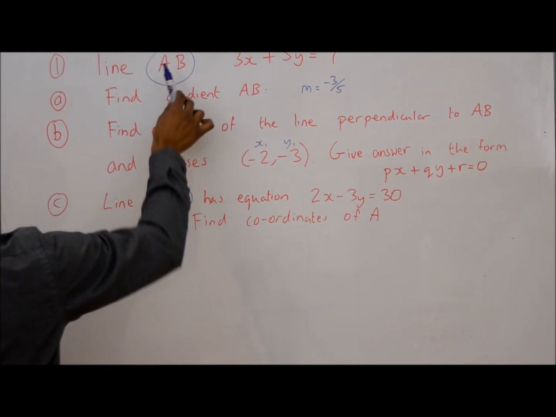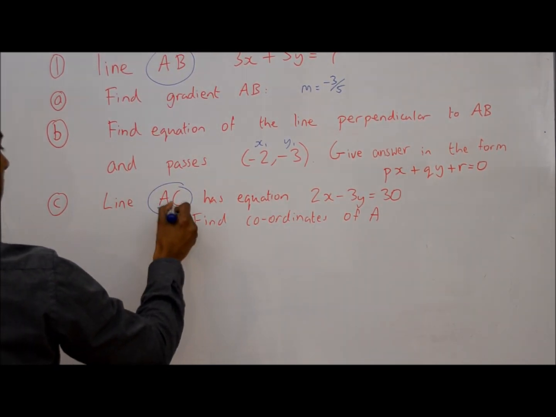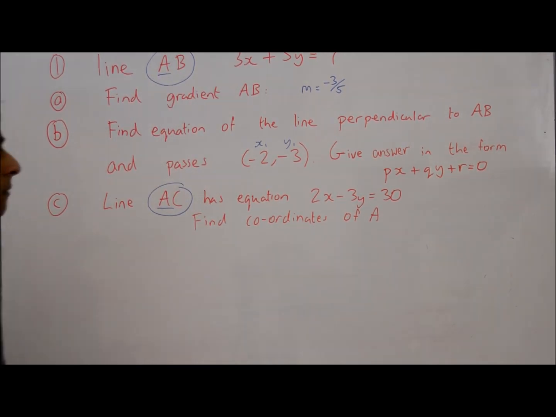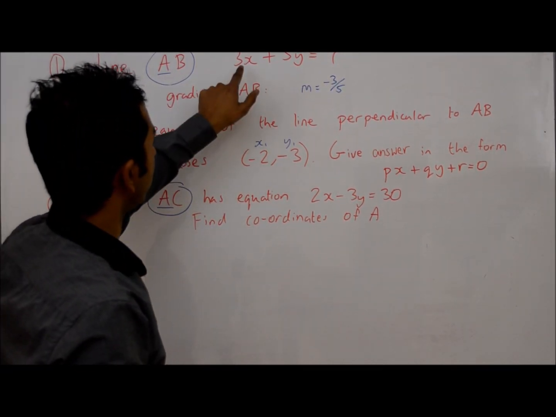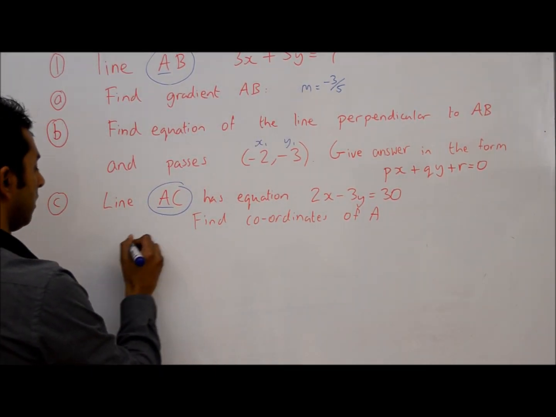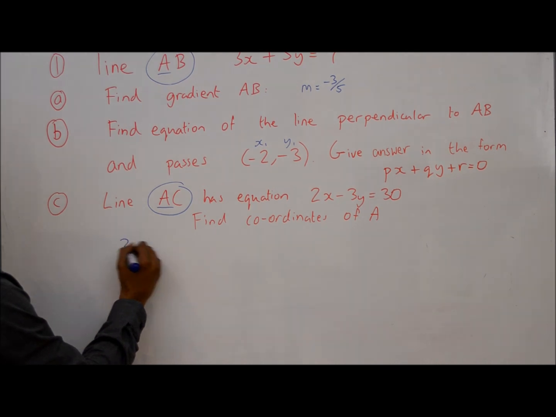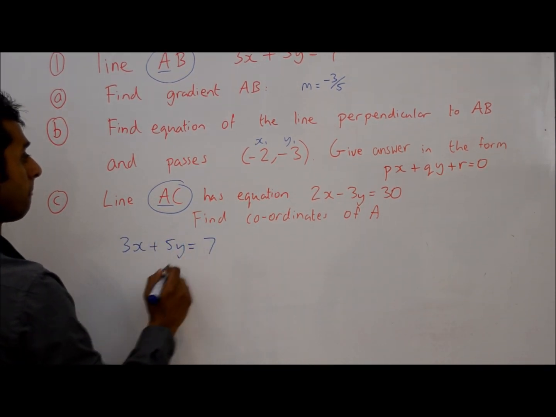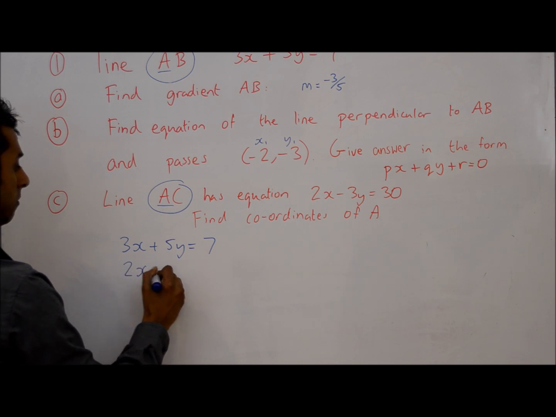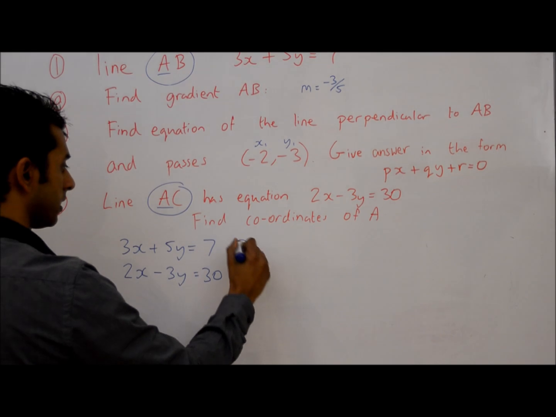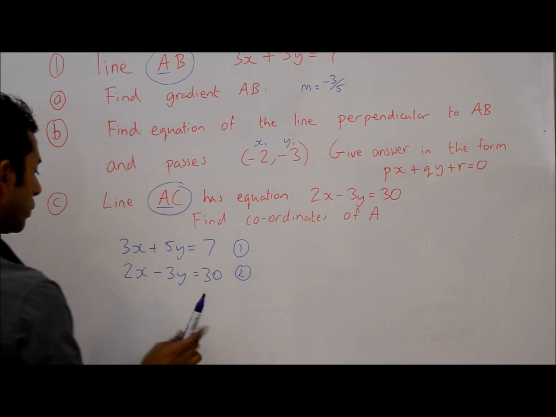Those two have a common point of point A. So both of these lines will meet at point A. So in order to find the coordinates of point A, we need to solve these two equations simultaneously. So let's try both of them out. 3x plus 5y is 7, and 2x minus 3y is 30. We'll label this as equation 1 and equation 2.